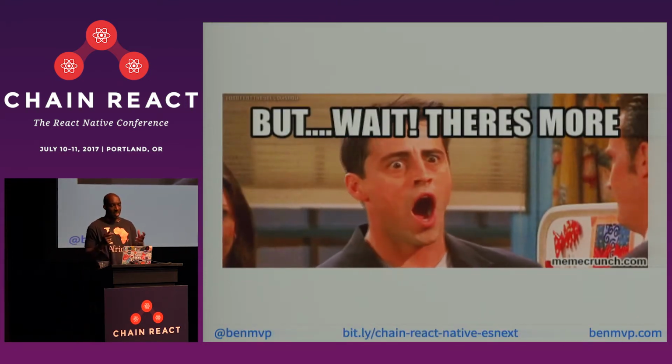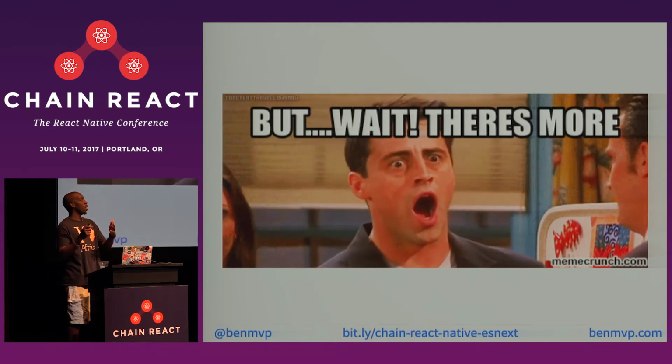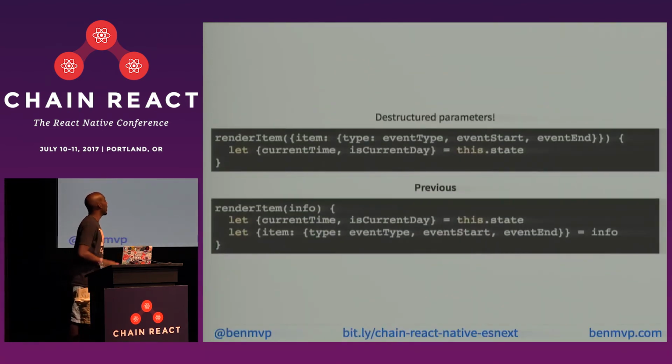But there's even more that we can do with object destructuring. We can take that object literal pattern and move it inside of the function header up here, and have something called destructured parameters. So instead of having the line right here doing info, we move it into the function header. Now the parameter info never even exists. It's immediately destructured into the relevant parameters that we want.